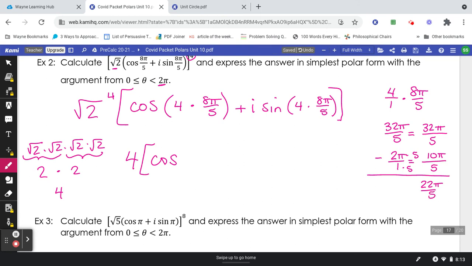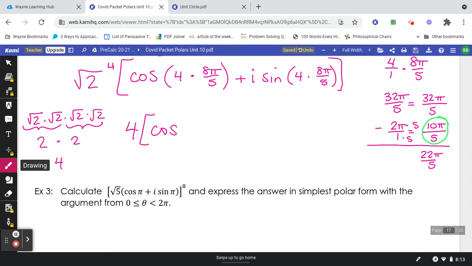In order to see whether that's small enough, you do 22 divided by 5. That's still 4.4, so you subtract it again. The good thing is once you've gotten common denominators once, you can use that as your common denominator again, and you just subtract out another 10. So then that would put you at 12 pi over 5. 12 over 5 is still too large, so you subtract 10 again to get 2 pi over 5.